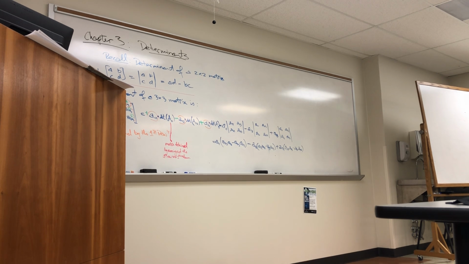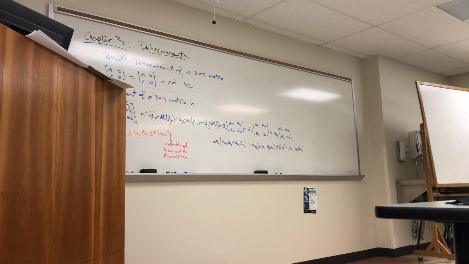So it's going to be A12 times the determinant, if you cross this out, of A21, A23, A31, A33.